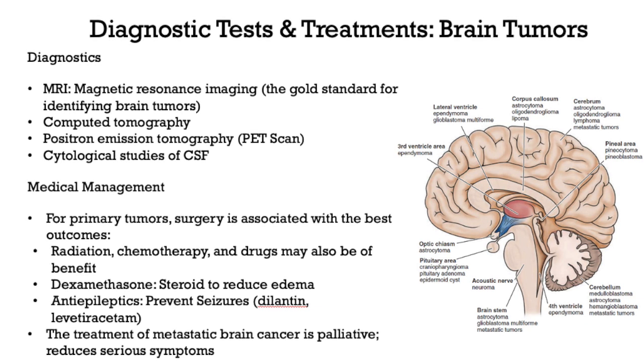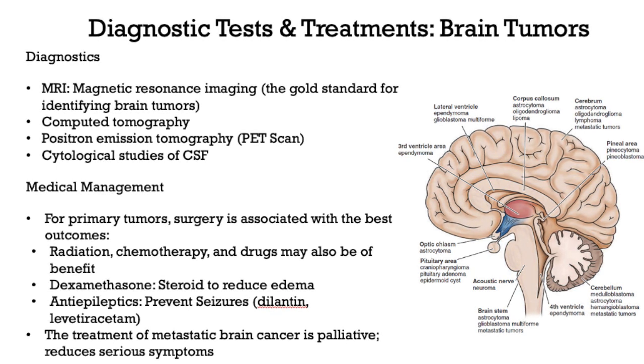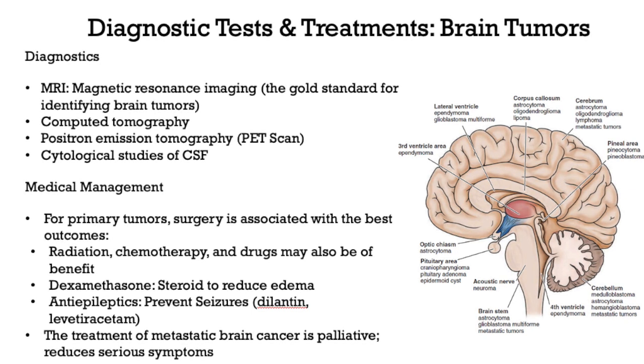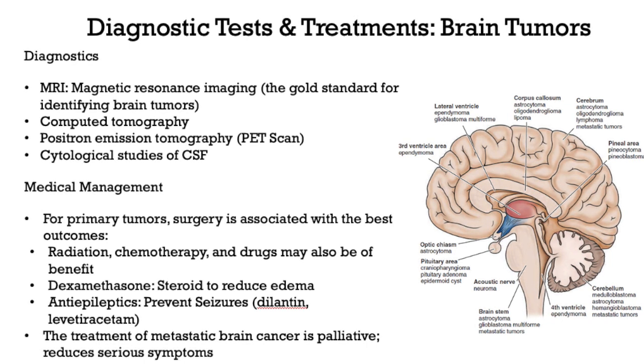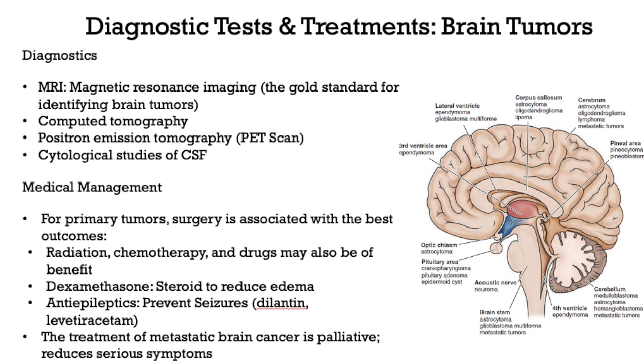As far as medical management goes, we can usually perform surgery pretty safely and have good outcomes. They may need radiation and chemotherapy if the lesion is cancerous, if it's malignant, if it's fast growing. If your patient is presenting with increased intracranial pressure, cerebral edema, remember the 4 H's, we will treat them just like we would traumatic brain injury.